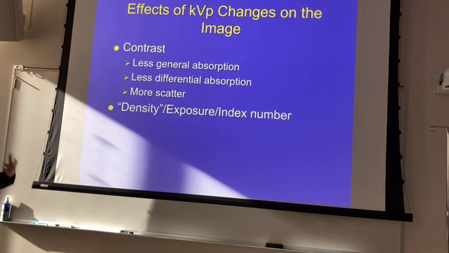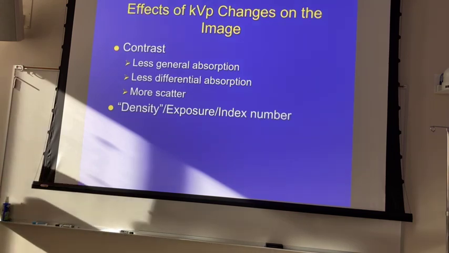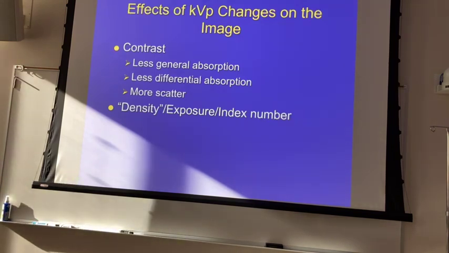So just to be sure that you're prepared for possible questions involving kVp and contrast, the potential effects of kVp on the image is that it can affect your contrast. Historically, if you increase your kVp, you're going to get a reduction in contrast because you get more scatter.